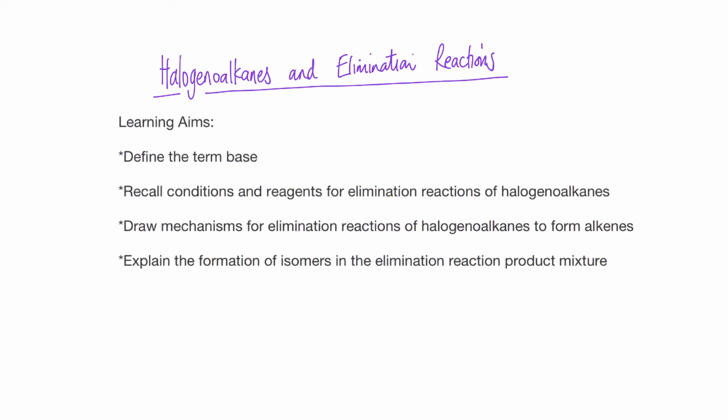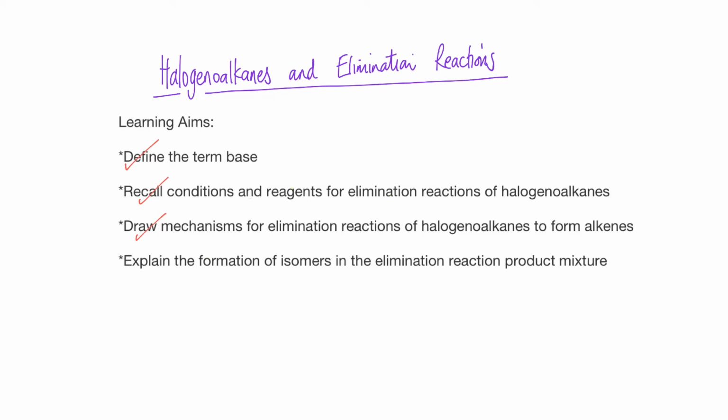Now let's review what we've seen in this session. So hopefully now you feel that you can define the term base. You can recall, or hopefully with some practice you'll be able to recall, the conditions and reagents for the elimination reaction, remembering that it's sodium hydroxide or potassium hydroxide in ethanolic solution. You can draw the mechanisms. Remember, we're looking for 3 arrows. They're going to follow each other, and they start on the lone pair of the hydroxide ion.